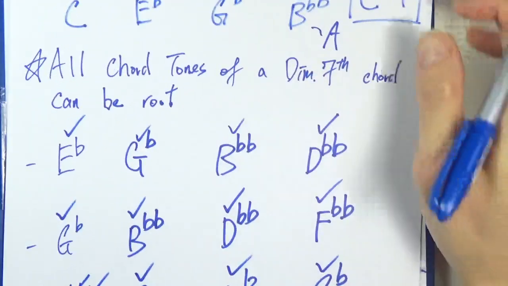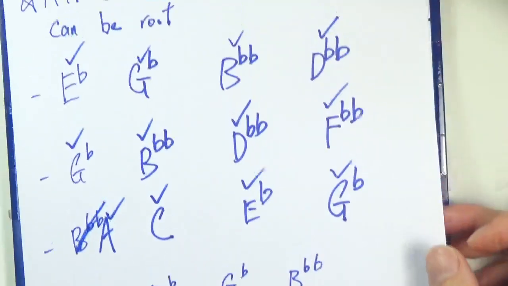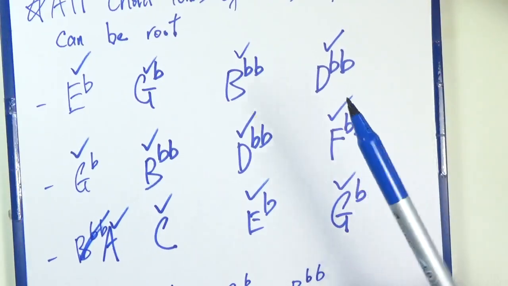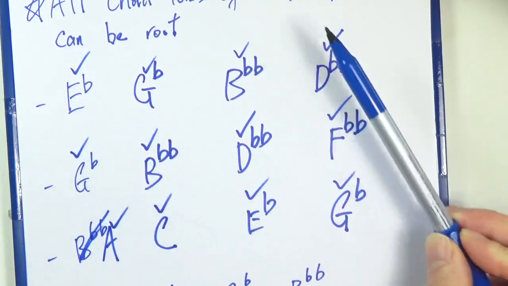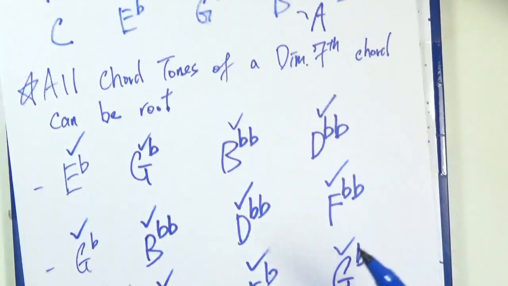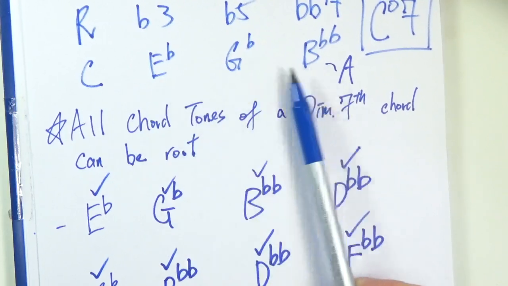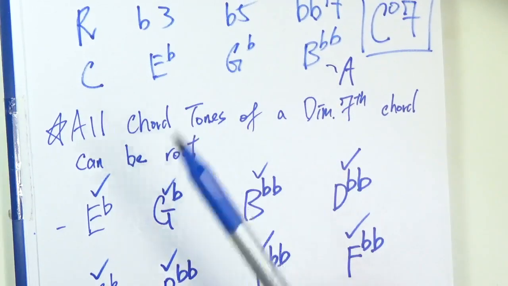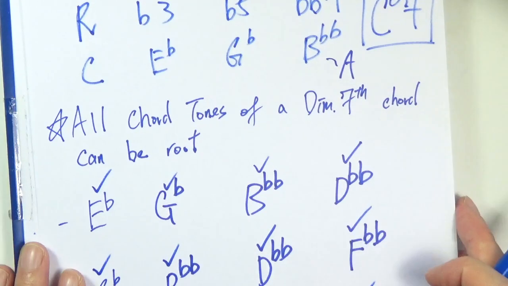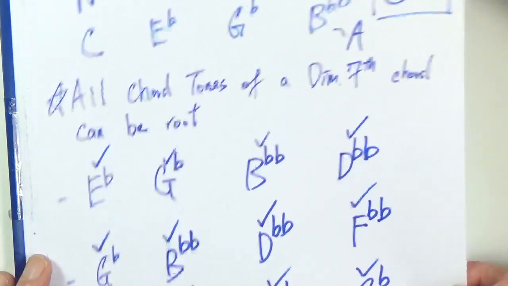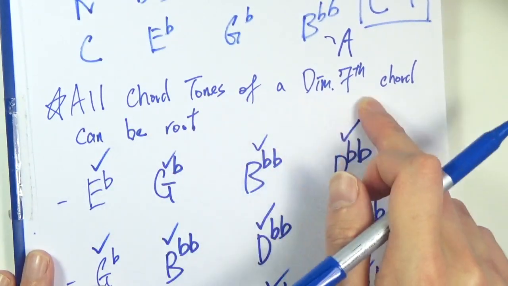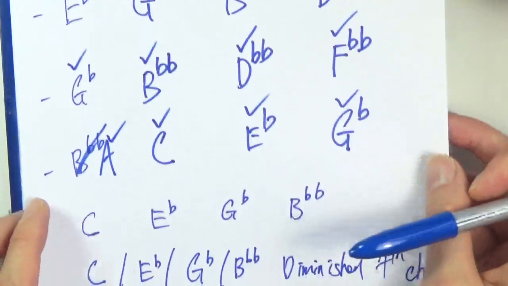Okay, so you see, I just proved that if you build diminished 7th chords with the other chord tones, you will actually end up with the same diminished 7th chord, okay? So again, all chord tones of a diminished 7th chord can be root.